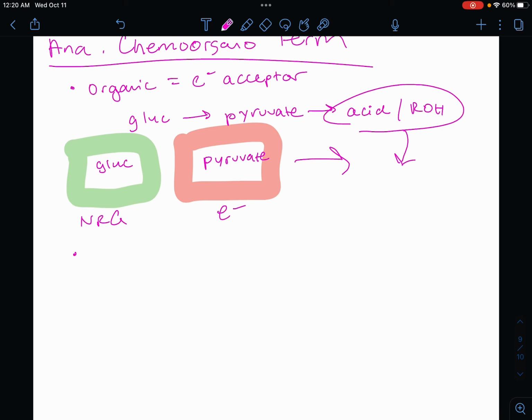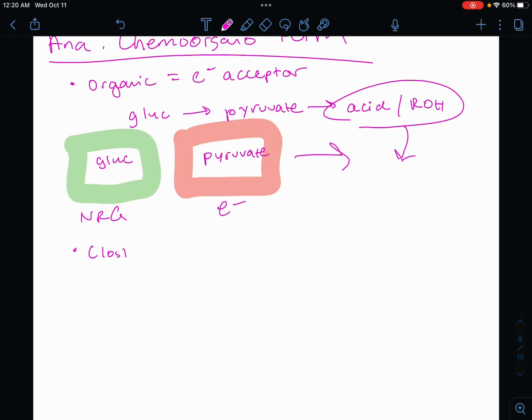A very important genus to look at when you're talking about the fermentation of anaerobic chemoorganotrophs would be Clostridium. And these are gram-positive, and they form endospores. They're actually known as terminal spores in the case of Clostridium.